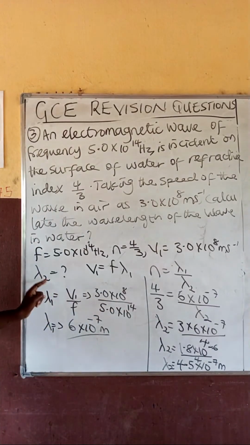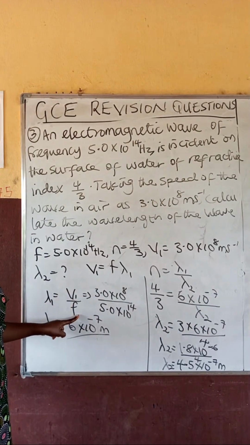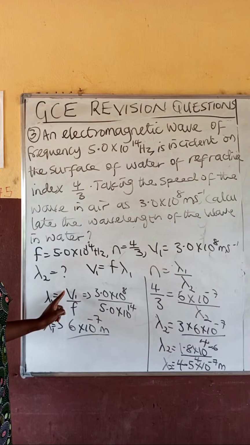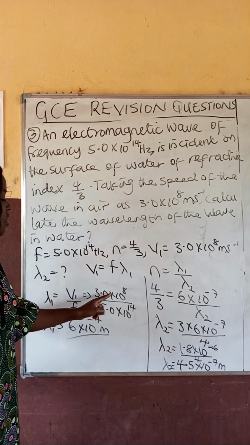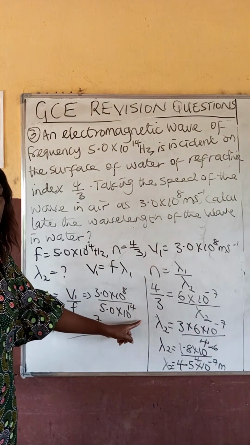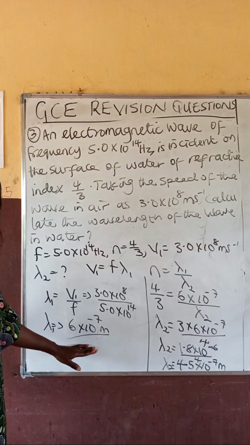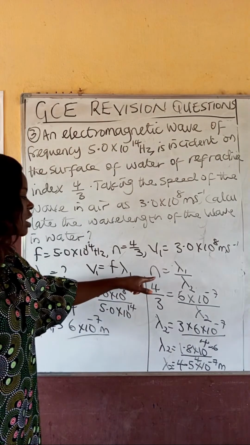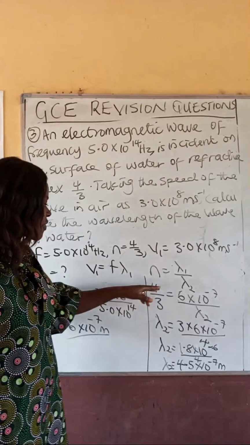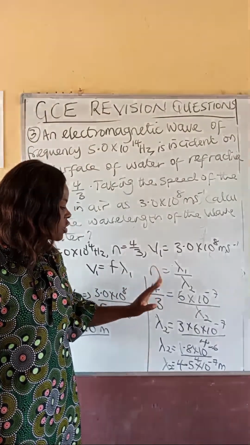So using what we have, lambda 1 is equal to V1 over F, which is 3.0 times 10 raised to power 8 divided by 5.0 times 10 raised to power 14. By the time I divide, I got this. Using the formula of refractive index, I have n is equals to lambda 1 over lambda 2.